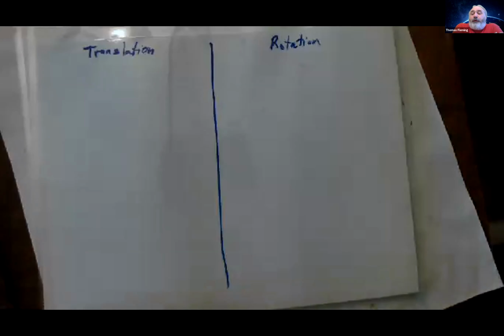Back in chapter 2, we learned how to describe the motion of an object, and there were several kinematic variables that we had to become familiar with. The first thing that we had to learn how to describe in chapter 2 was the position of an object.